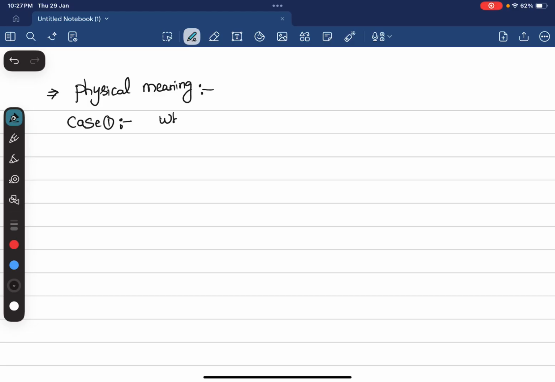where Q is less than 1. So we have discussed the Nernst equation, which is E cell equals E naught cell minus 0.0591 by n log product concentration by reactant concentration. This is the general way of writing.